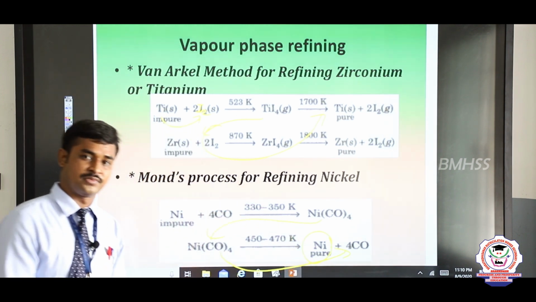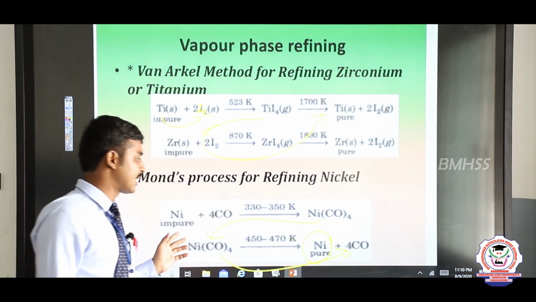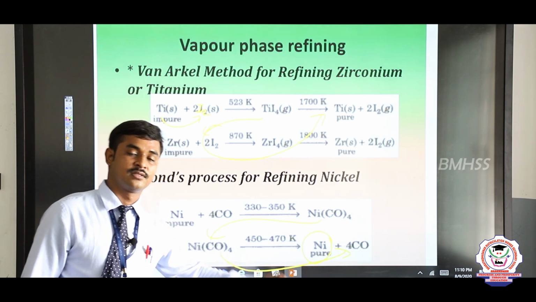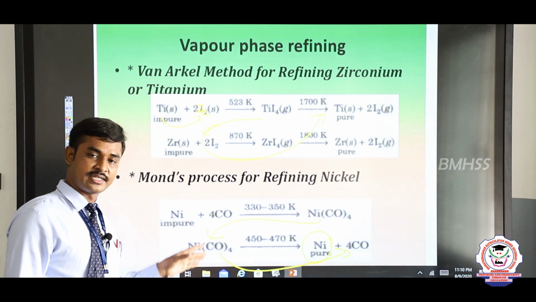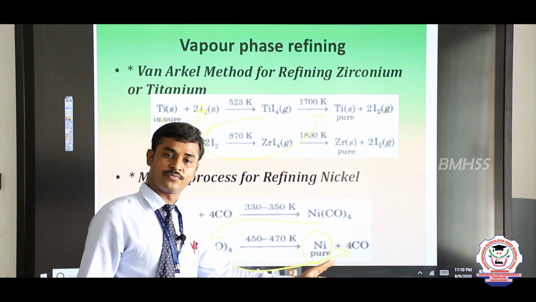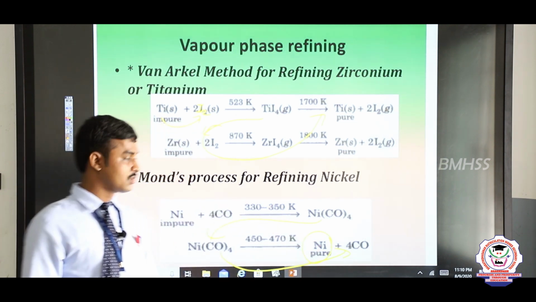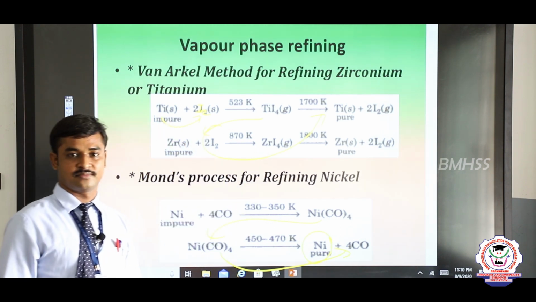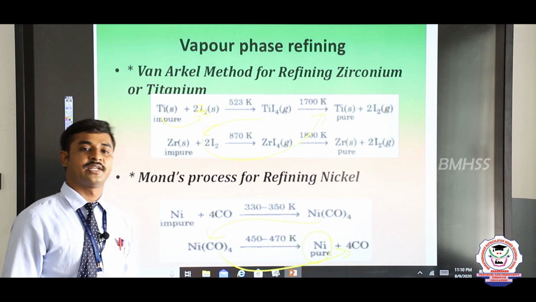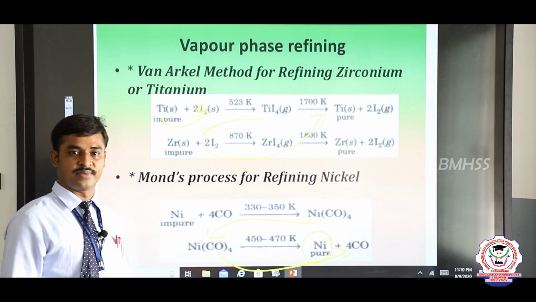So, both are the same. What is the difference between the reactant nickel and the product nickel? The nickel in the impure state is first collected, and the finally obtained nickel is in a pure state. So, it is one of the refining or purification methods for metals.